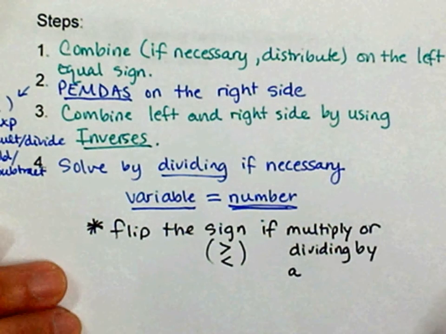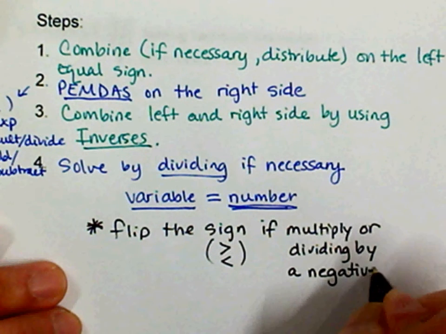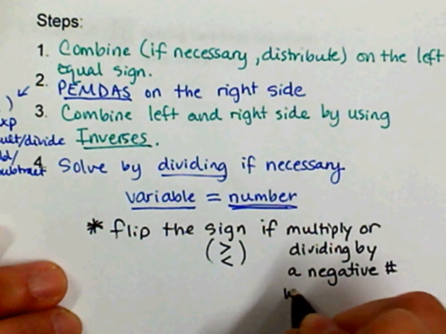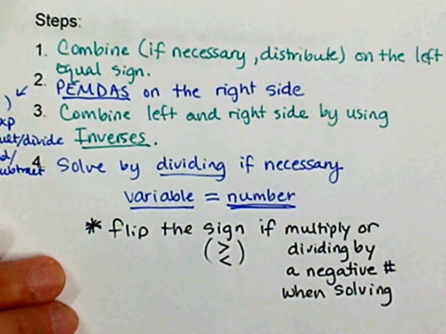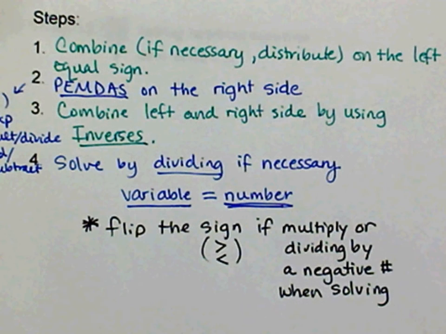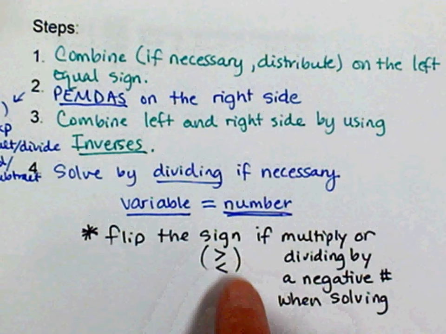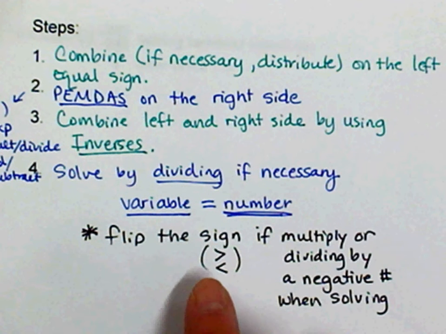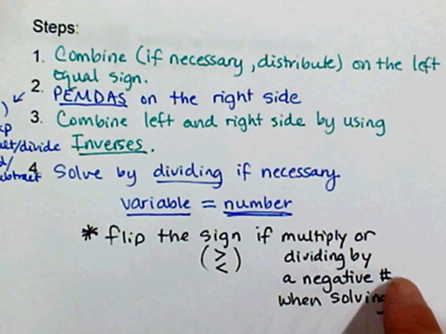By a negative number. Only when you are solving, okay? So flip the sign, the greater than or less than, if you are multiplying or dividing by a negative number when solving.